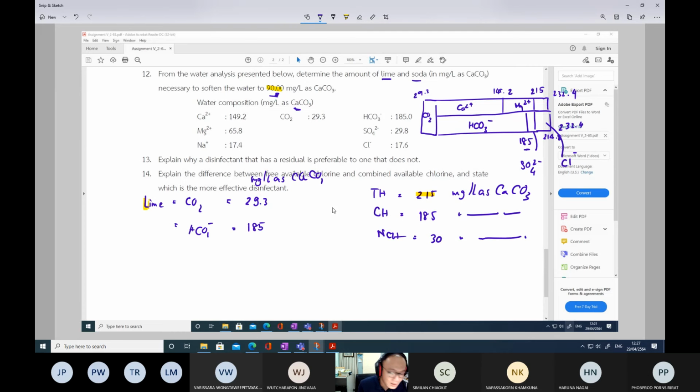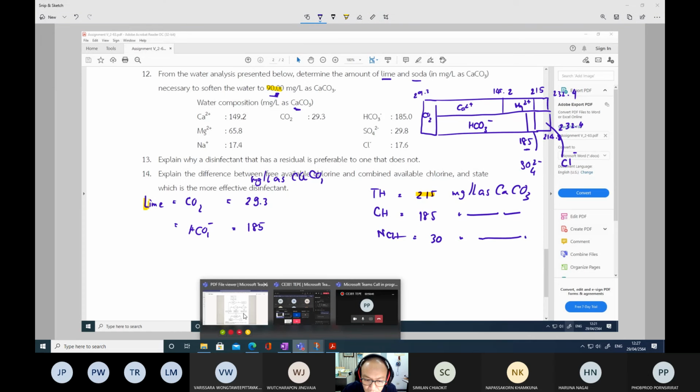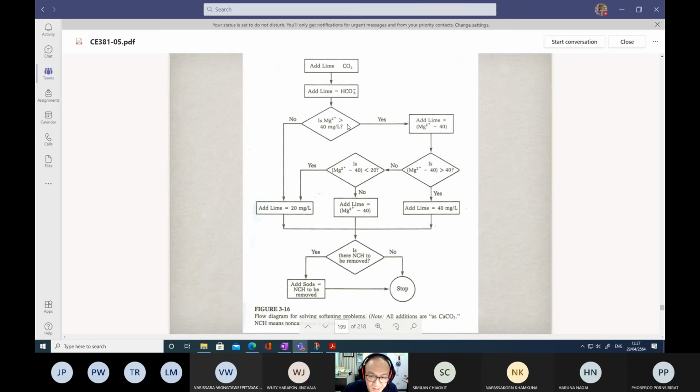The next one is the magnesium concentration. Is magnesium greater than 40?